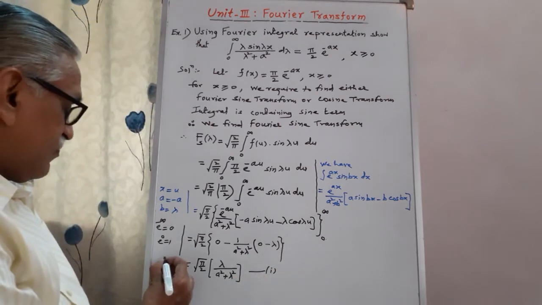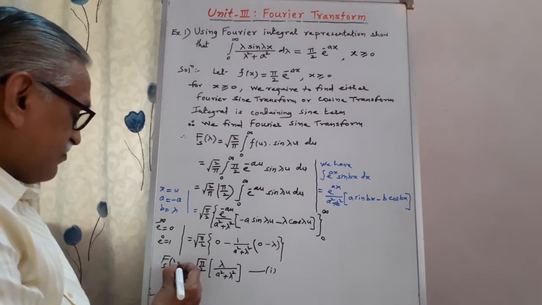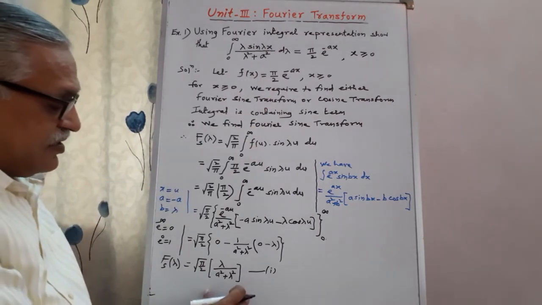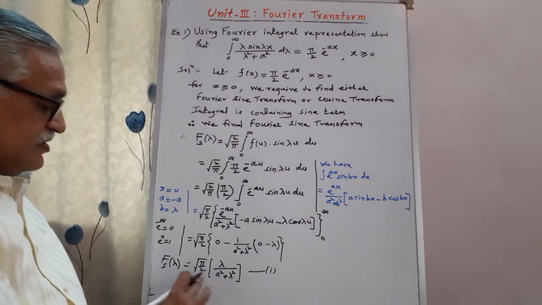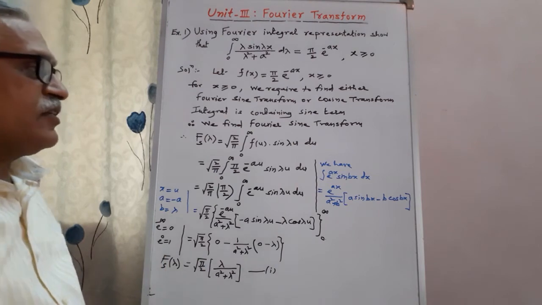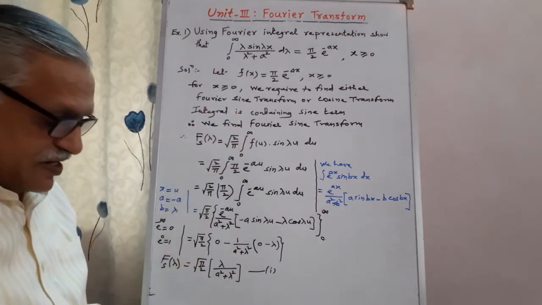That is the Fourier sine transform of the given function. Here the first half is over, where I have obtained the value of the Fourier sine transform. Using this in the inverse Fourier sine transform, we can find the Fourier integral representation.